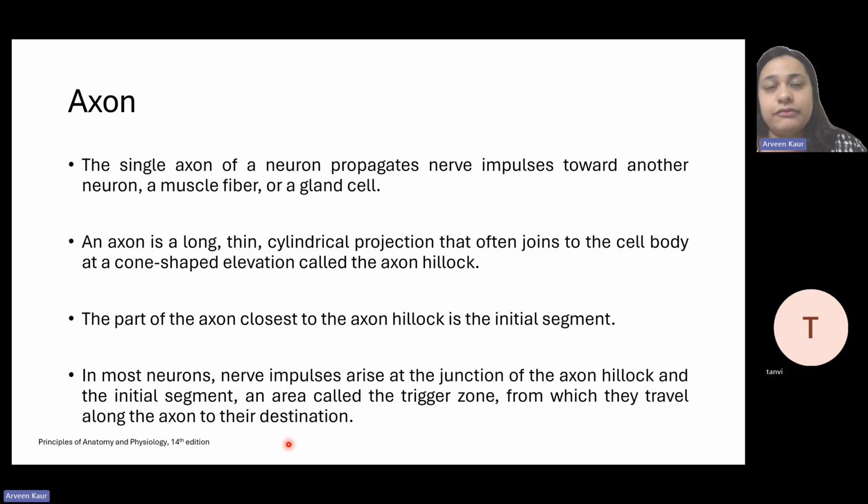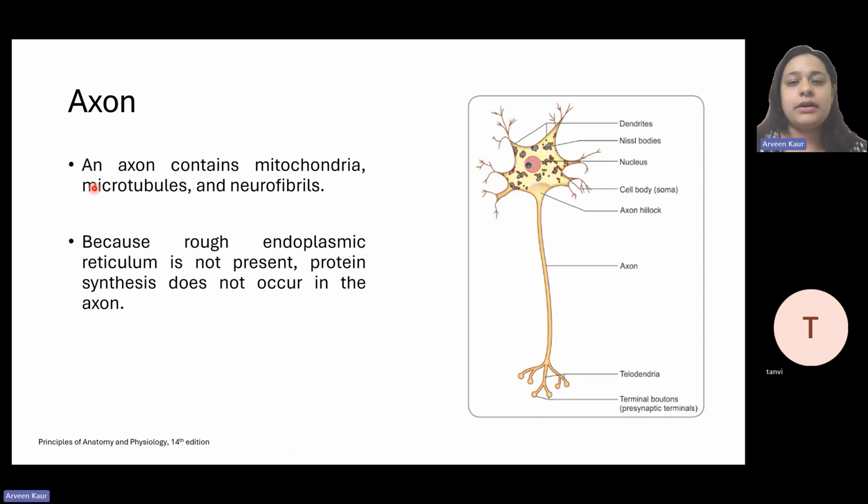Whenever we do discuss them, I will tell you why they are generated at this particular part of the neuron. The axon hillock is the part where the action potential is first generated and then carried forward, or propagated, right?